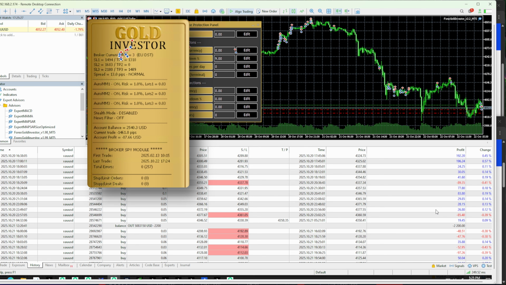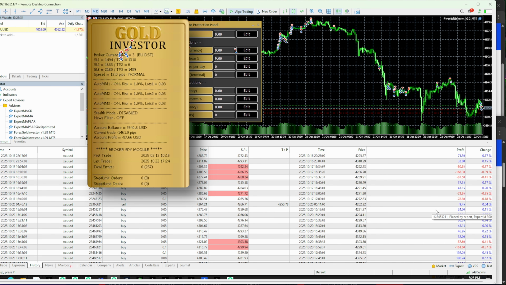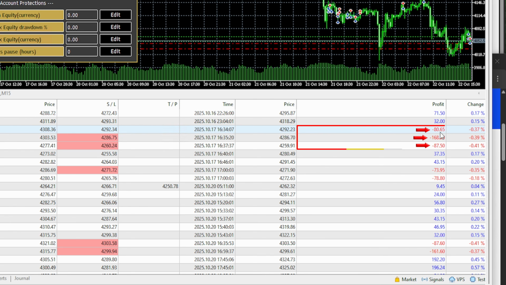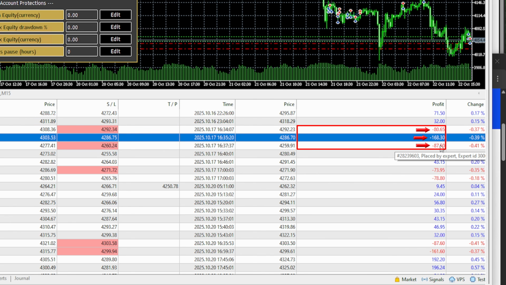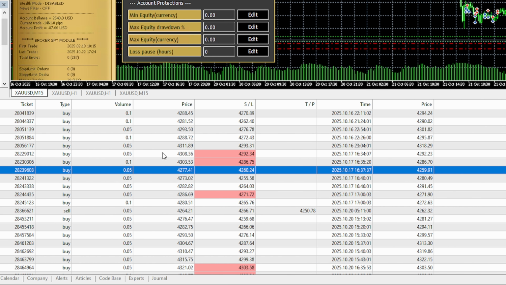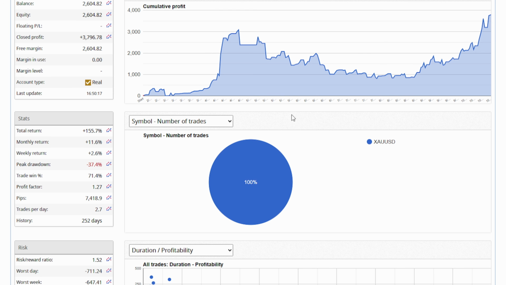So the Forex Gold Investor is one of these expert advisors that do not use grid or martingale systems, so losses happen quite often. Here is the 16th of October, the losses I showed to you, but they were limited in this account because of the protection. And it's not just about when you start trading it.